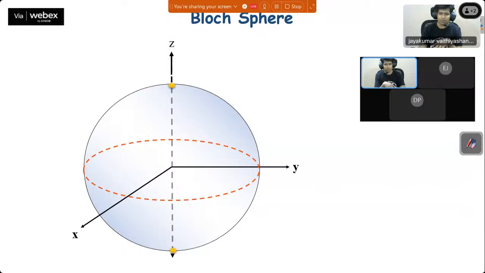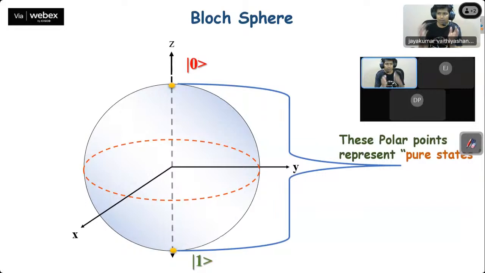Imagine 2 extreme points, one at the north pole and one at the south pole. These 2 are the extreme points of the whole sphere, one for each hemisphere. These 2 states, the polar points, represent pure states.